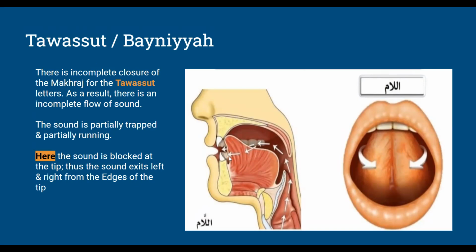So this means the sound is not completely trapped. It's not completely imprisoned, since it can find its way out from the sides. So it's an incomplete flow of the sound or incomplete closure of the makhraj. So partially the sound is trapped and partially it's running. I hope it's clear.